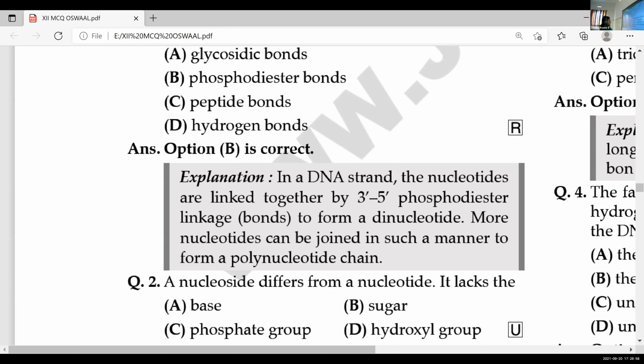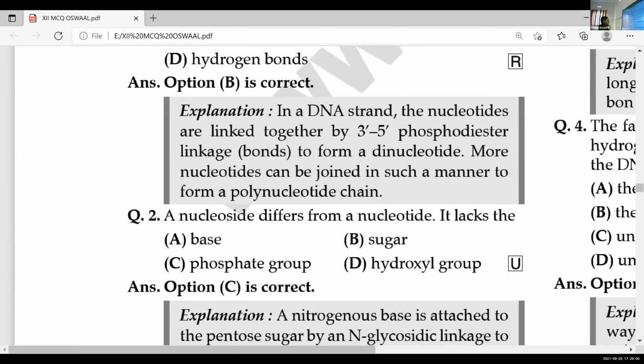Phosphate group, correct. So when the phosphate group is added, it becomes a nucleotide. What are the other components? Sugar and what are the three main constituents of a nucleotide, children? Nitrogen base, phosphate, and a pentose sugar.